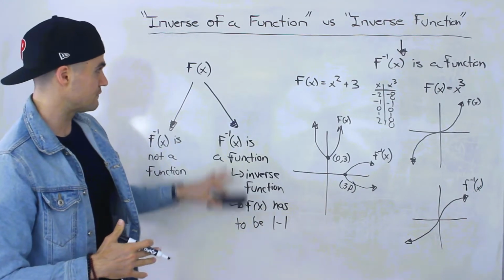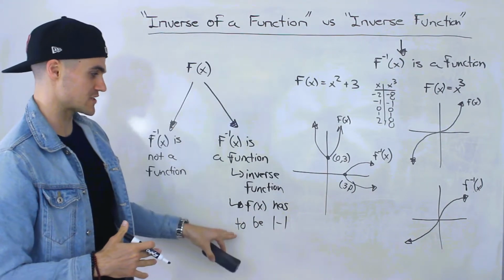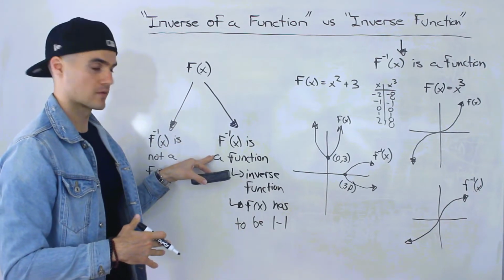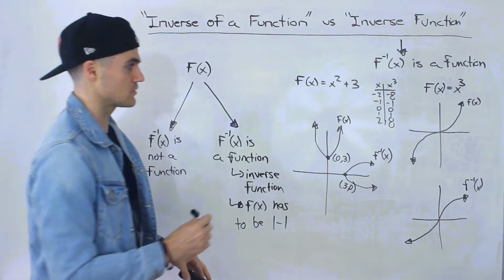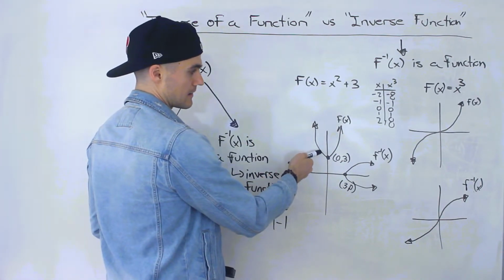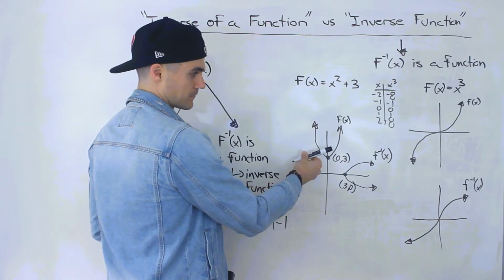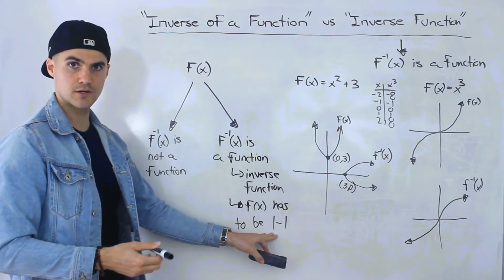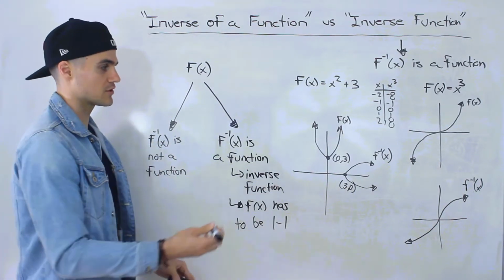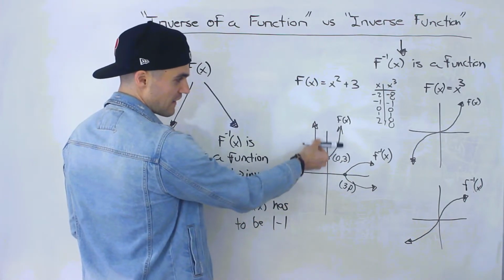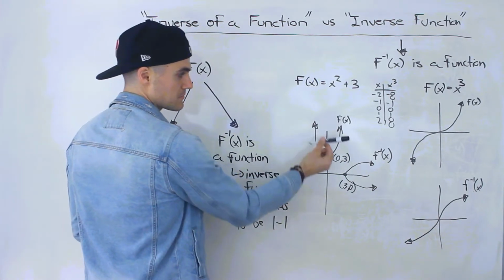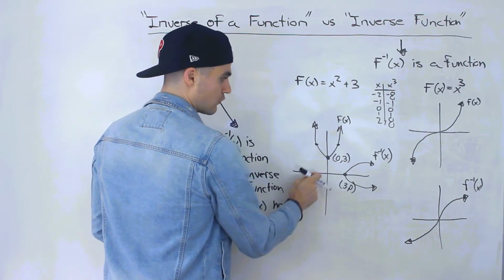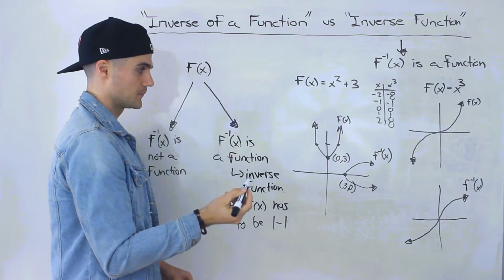So if the original function is one-to-one, that means its inverse is going to be a function, and we can see that with both of these. Notice that this parabola, x squared plus 3, fails the horizontal line test. Remember, to test for a one-to-one function, it's not a vertical line test, it's a horizontal line test. And f of x here fails that horizontal line test, meaning that there are multiple x values for a single y value.